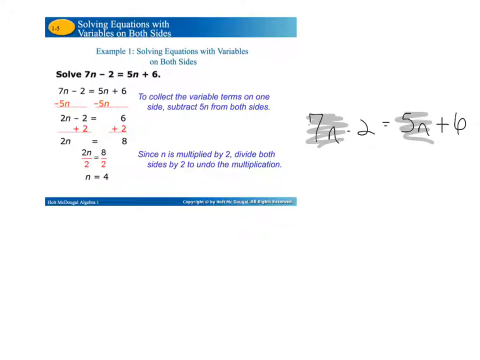To get them together, I need to use inverse operations. So I'm going to move the 5n to the other side by subtracting it from the right and from the left. It'll now give me 2n minus 2 is equal to 6.